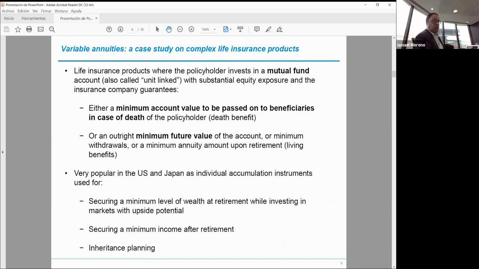Also after retirement, we'll see a particular case of that, but they're usually used as accumulation instruments, which are basically made of or thought of as means to ensure the minimum amount you want to retire with. So you'll have a minimum sort of quality of life when you retire.